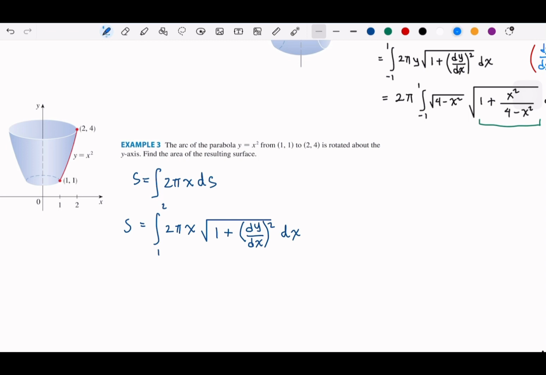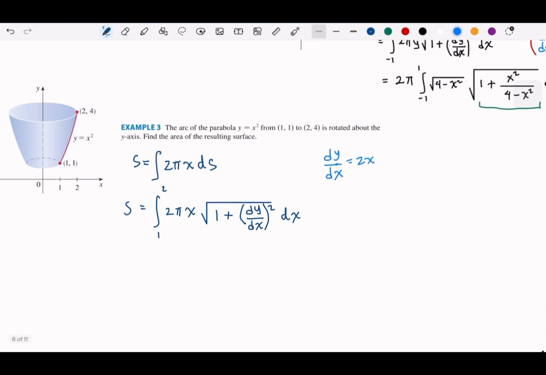And then in another page, I will write the first derivative. So for y equals x squared, this will be just 2x, right? So we have now s, factor out 2 pi. This is still x, and then 1 plus dy dx squared, it will be 1 plus 4x squared dx.